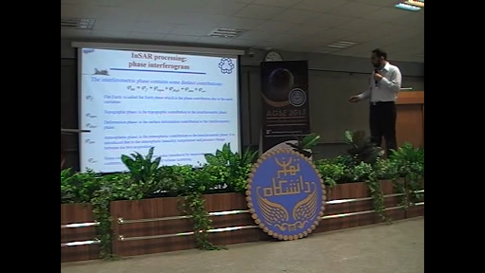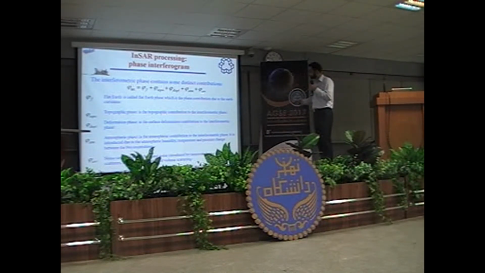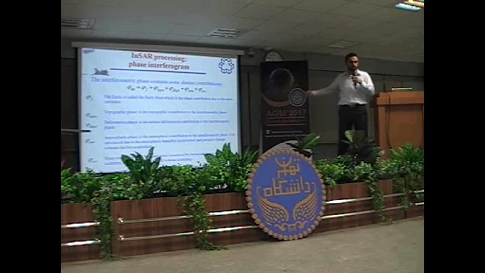Two of the parameters that affect it are the topographic phase and the displacement phase, but there are also other parameters like the flat earth phase, atmospheric phase, and the noise phase. So these are all the influencing parameters in the interferometric phase: flat earth, topographic phase, displacement phase, atmospheric, and noise. Let's see what these parameters are.